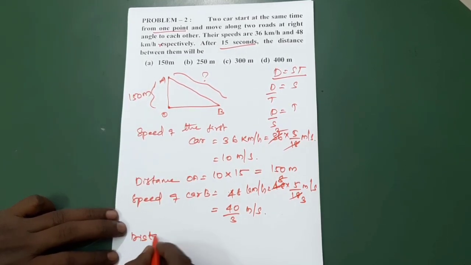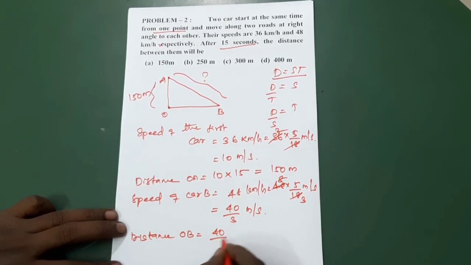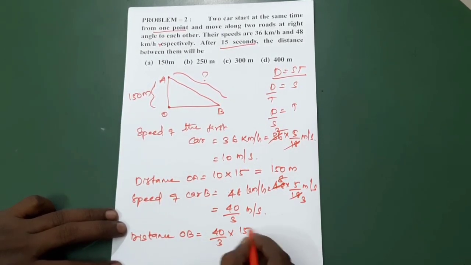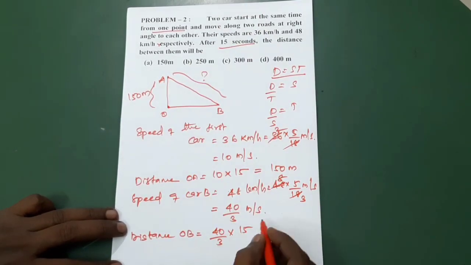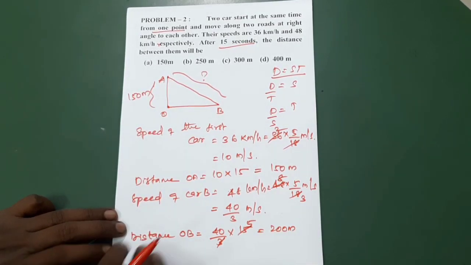So the distance OB is equal to speed into time. Speed is 40 by 3 into, again the time is same, 15, so 3 5s are 15, so 40 into 5, 200 meters.